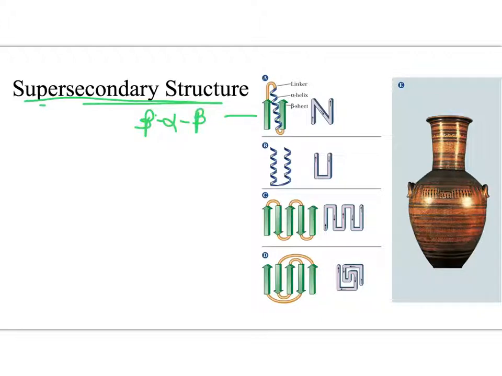That's what the secondary structure is referred to. So it's two beta portions that are linked by an alpha helix. Here we have an alpha-alpha structure. This is referred to as a beta meander.